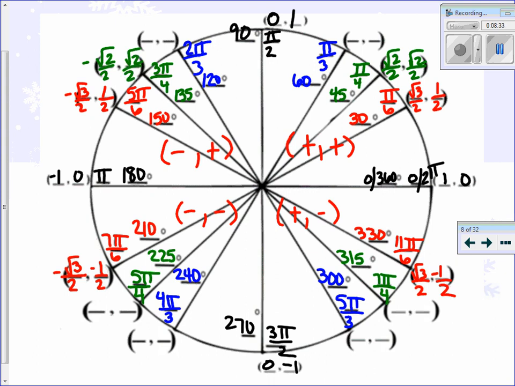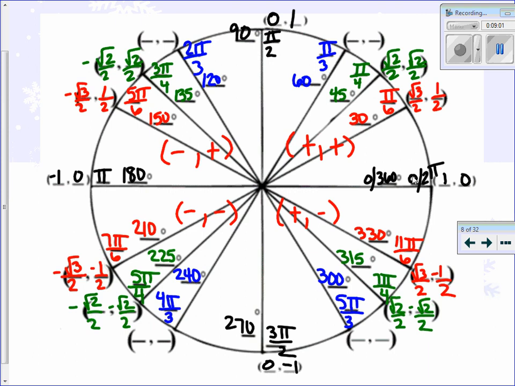In quadrant number 3, they are both now negative. So 5 pi over 4 and 225 is negative square root of 2 over 2, negative square root of 2 over 2. Going to the fourth quadrant, 7 pi over 4 and 315, the first term is positive, so square root of 2 over 2. And the second term is negative, negative square root of 2 over 2.